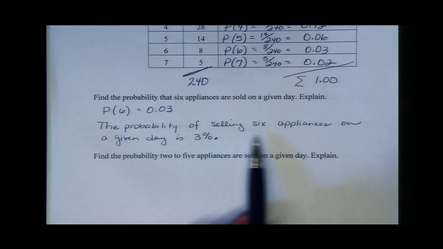So the probability of selling 6 appliances on a given day is 3%.